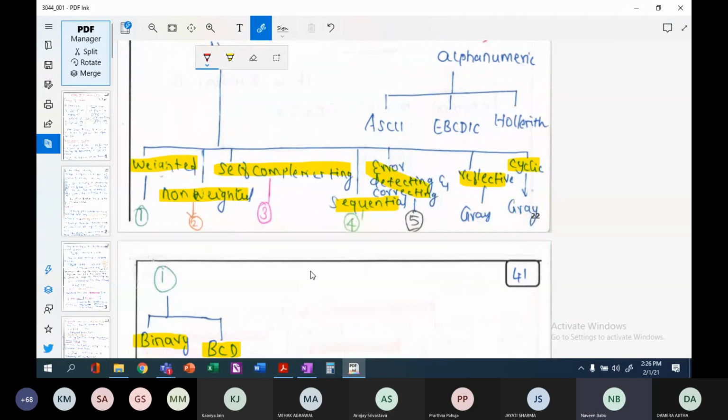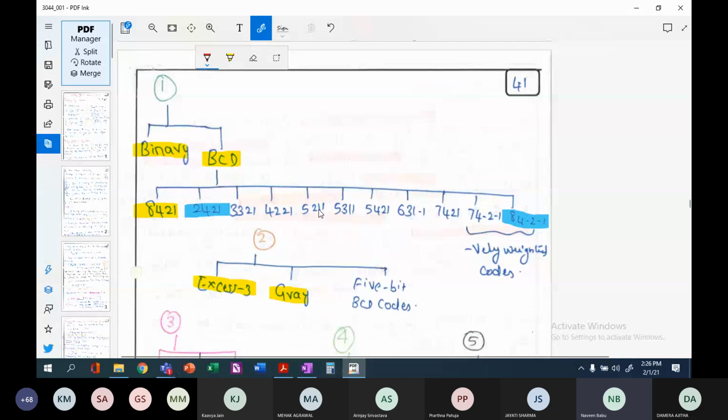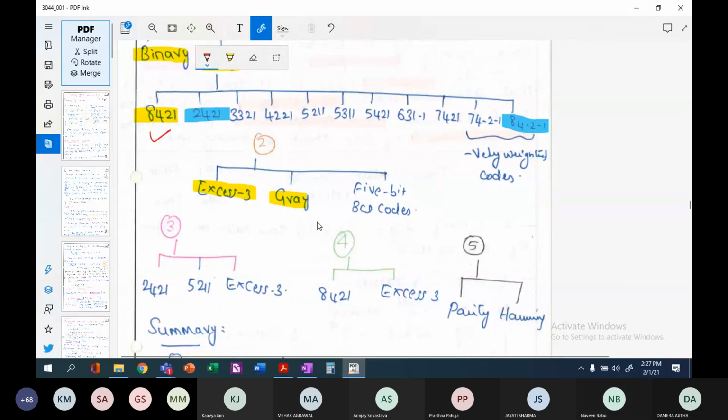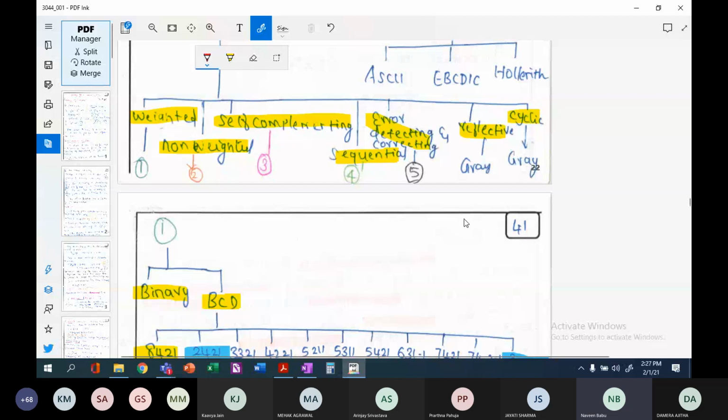Say if you look at an example here, this 8421 is a weighted BCD code. This 8421 also belongs to the sequential codes. So likewise, there may be an overlapping of these codes.